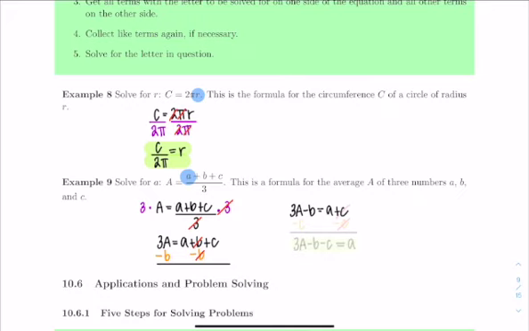And then I need to undo the plus c with the minus c. And so that ends up canceling the c and the negative c. And we get 3 capital A minus b minus c is equal to little a.